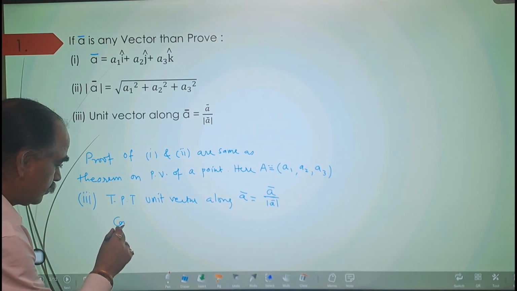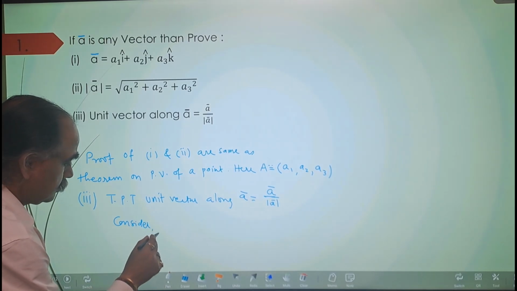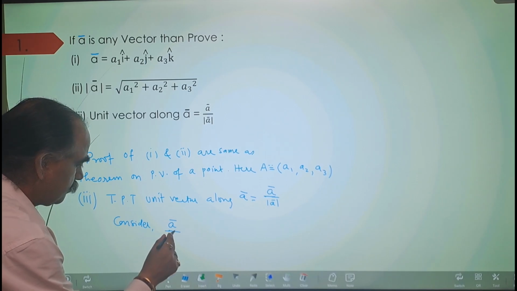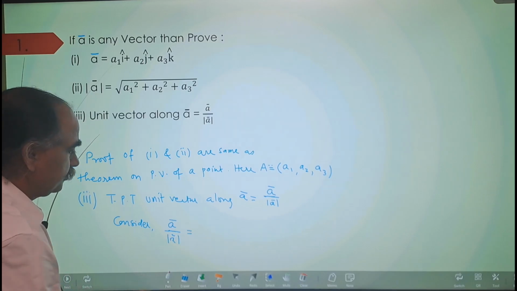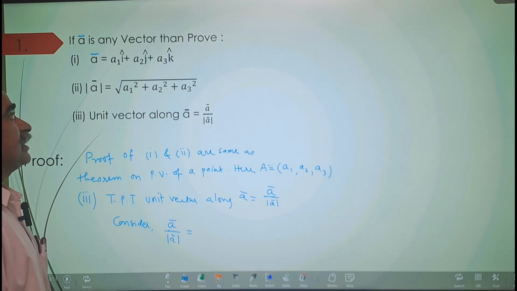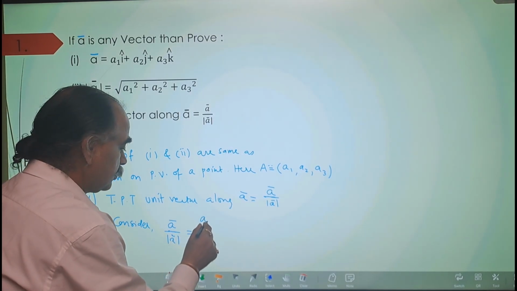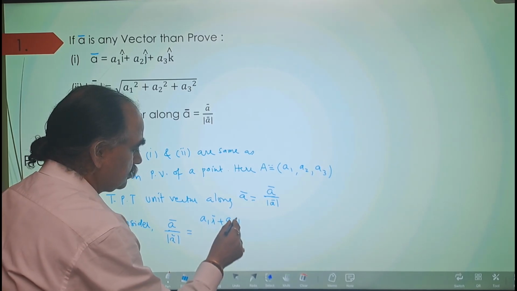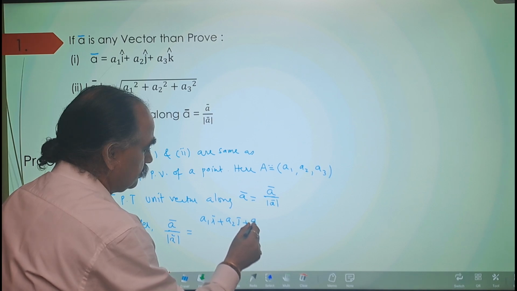Consider A bar upon mod A bar. Since we have already proved 1 and 2, according to 1 A bar is what? A1 I bar plus A2 J bar plus A3 K bar.